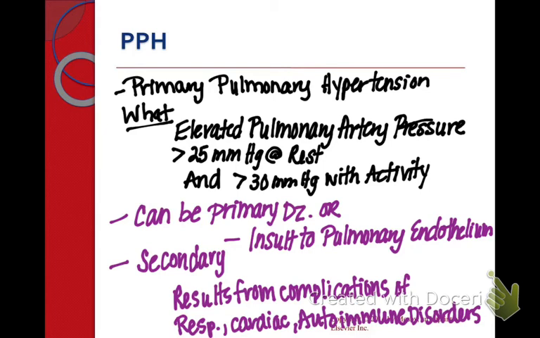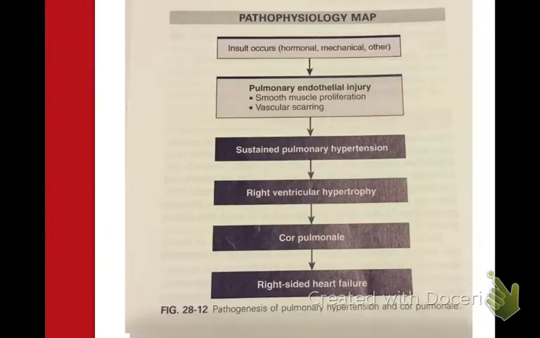And remember what I said, that pulmonary hypertension eventually results in the dilation and hypertrophy of the right ventricle, right? So let's look at this pathomap. This is something that I thought was significant.